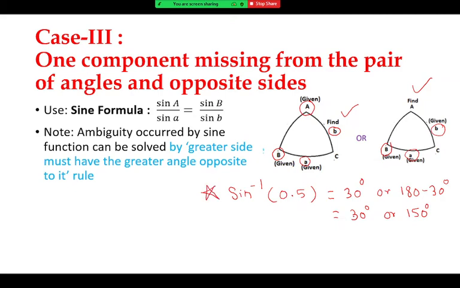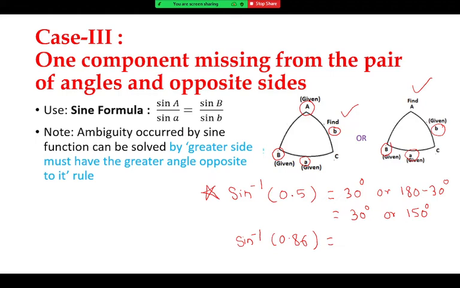You know sine 30 is 0.5, as well as sine 150 is also 0.5. So the other angle, you can always take by this property: one is theta, the other is pi minus theta. Similarly, suppose I want sine inverse of 0.86. You can keep a calculator with you.